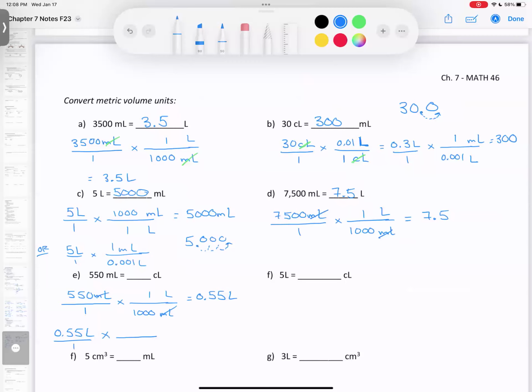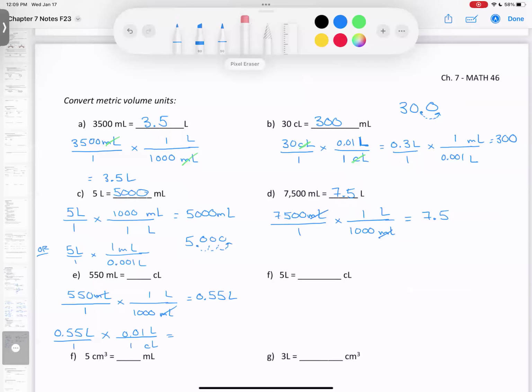Now we have 0.55 liters, and we multiply that by, so if I look at my chart, I have 1 centiliter for every 0.01 of a liter. And so if we multiply that, 0.55 times 0.01, we get an answer. That is incorrect. What did I do wrong here? Oh, look at me.